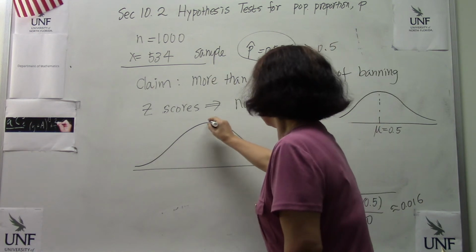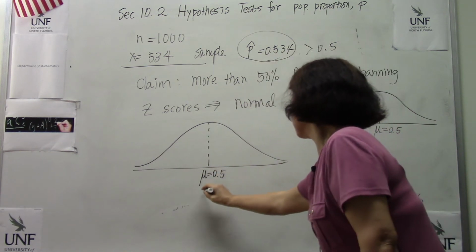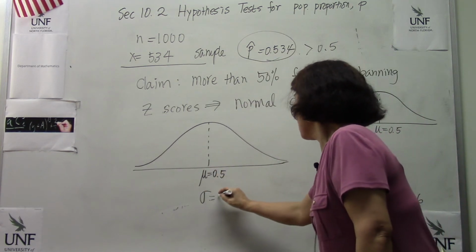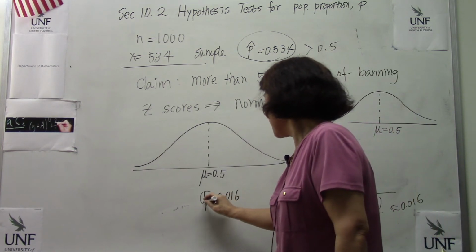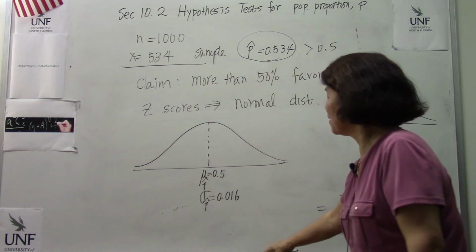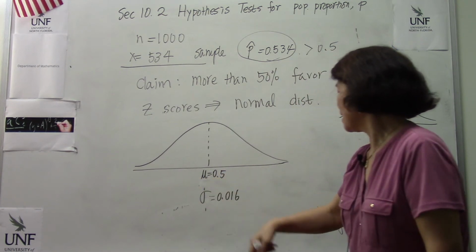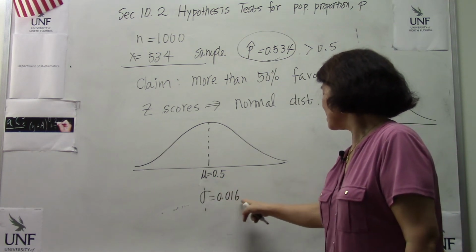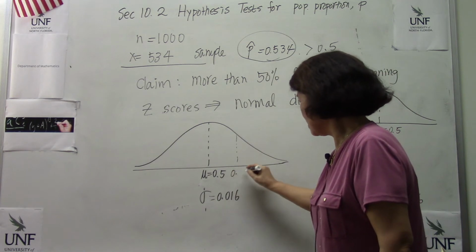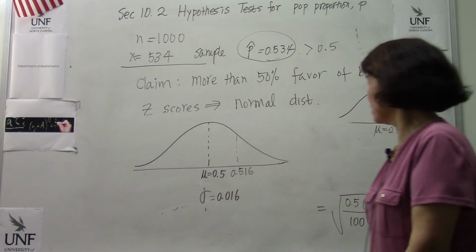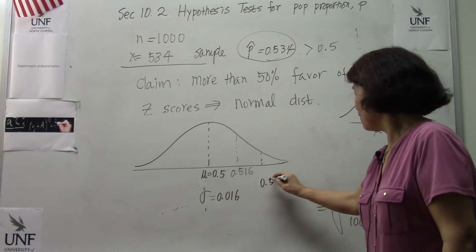Mu is 0.5, and here sigma is 0.016. Yeah, we use just p hat over here, but everybody understands, so we can omit that. Mu is 0.5, so what is 1 sigma away? It is 0.516.